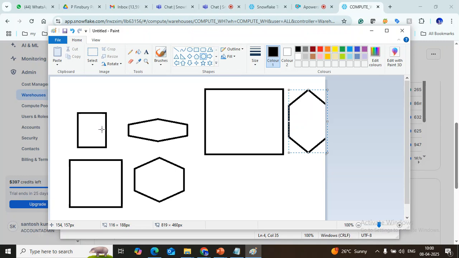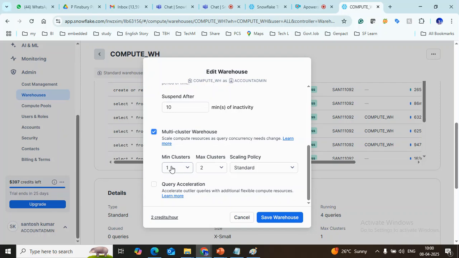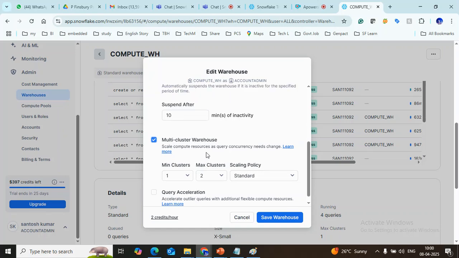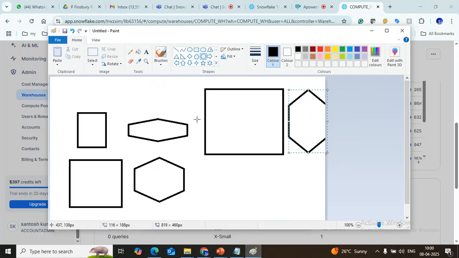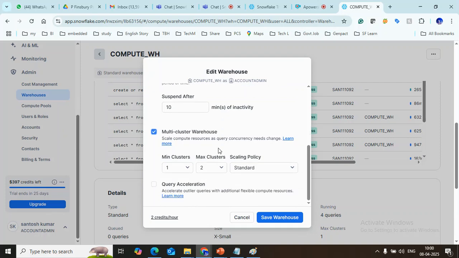So multi-cluster comes into the picture. Suppose you have one user or a few users, you can take a minimum of one cluster. Once the number of users increases, it will automatically shift to two clusters. Suppose I have taken a medium warehouse, then two medium warehouses are automatically added by Snowflake, okay?